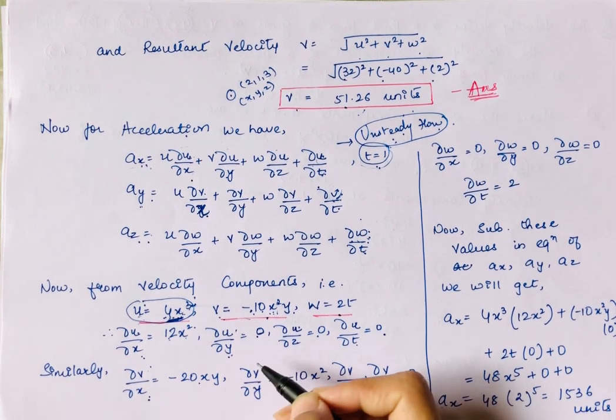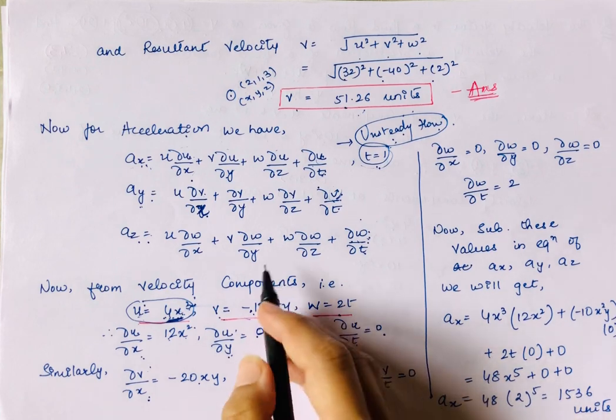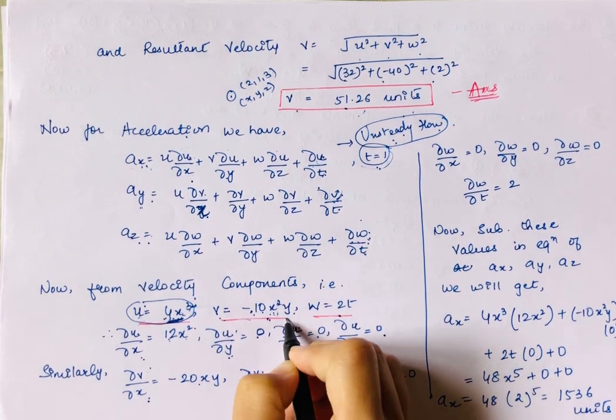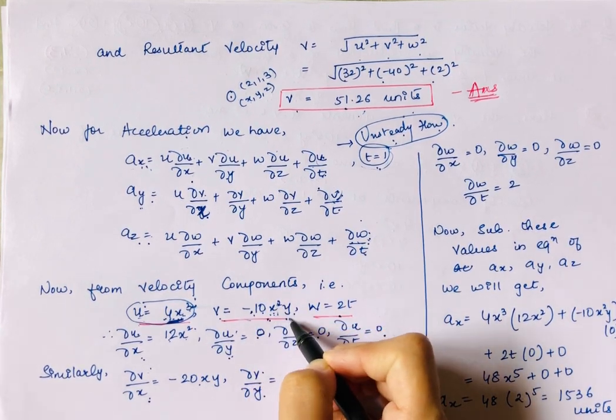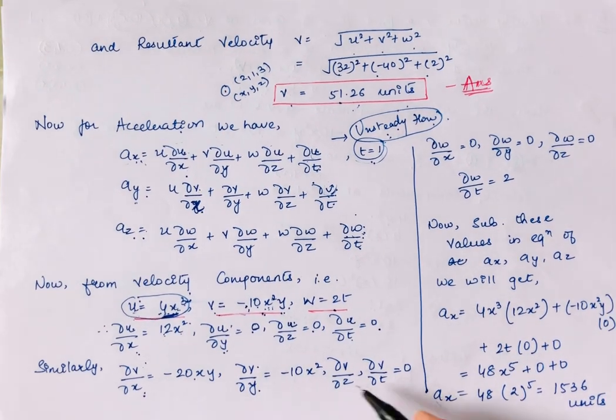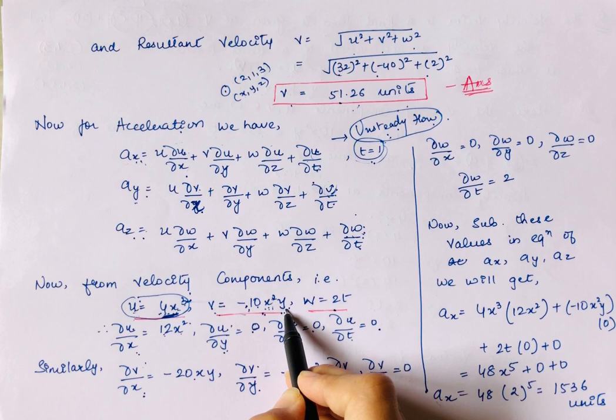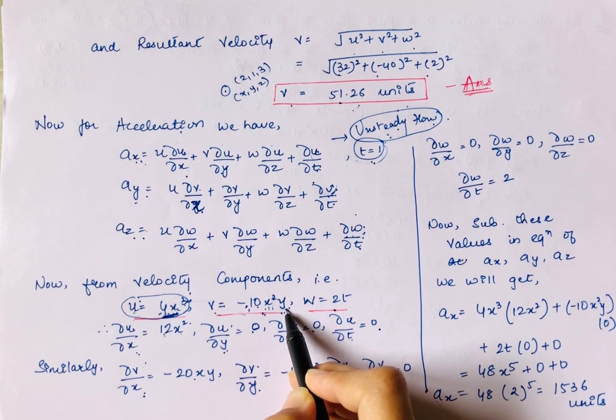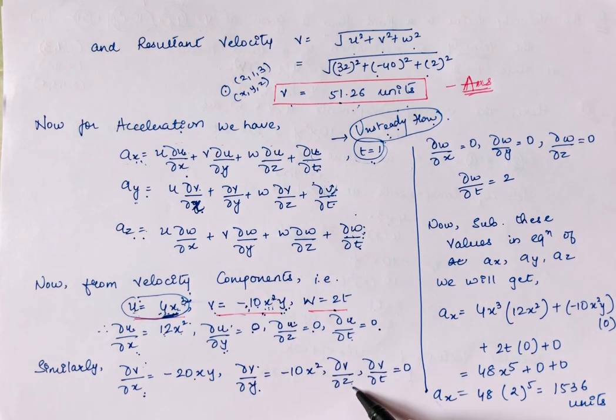Now we need del v by del y. Again here, as the y is present, del v by del y would be equal to minus 10x square. Del v by del z: there is no z component in this velocity component v, so we get del v by del z equal to 0, and also del v by del t is equal to 0.